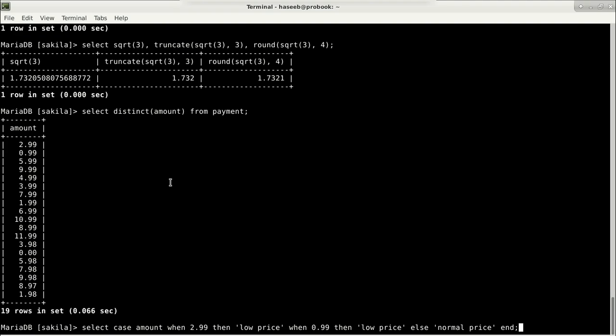So I have written the statement that compares the amount with the values in the amount column. Okay, just do one more thing. And let's give this in small letters.